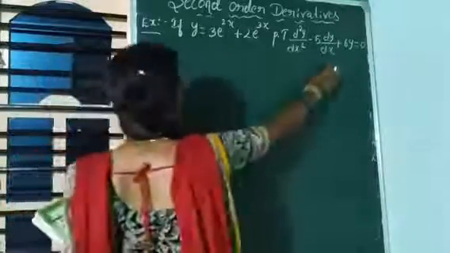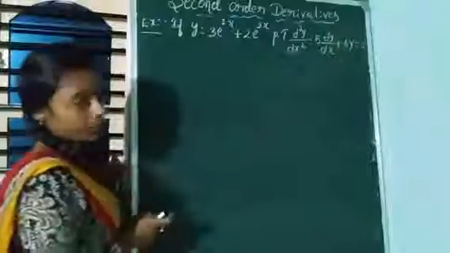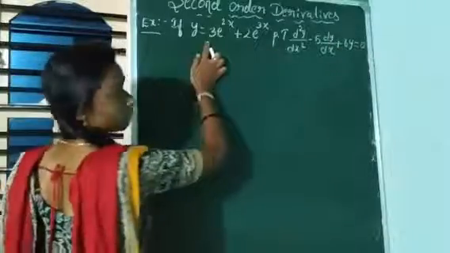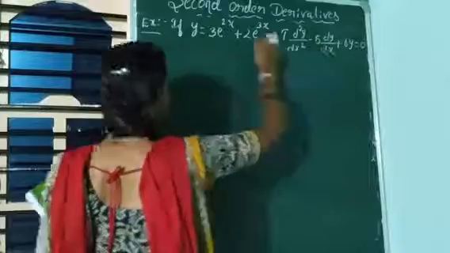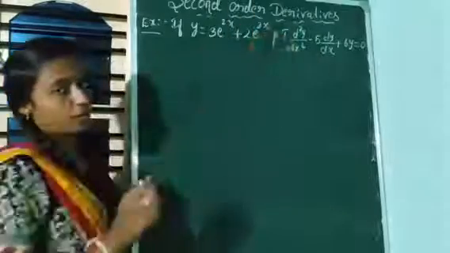To prove this, we need the second order derivative of this, the first order derivative of this, and again the given function.